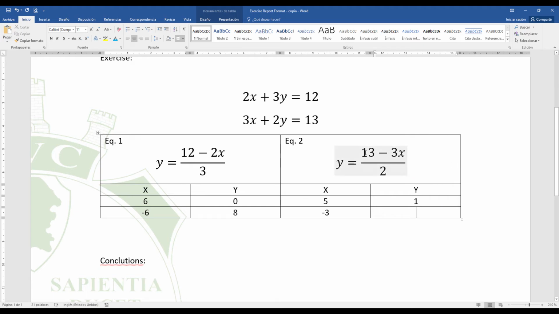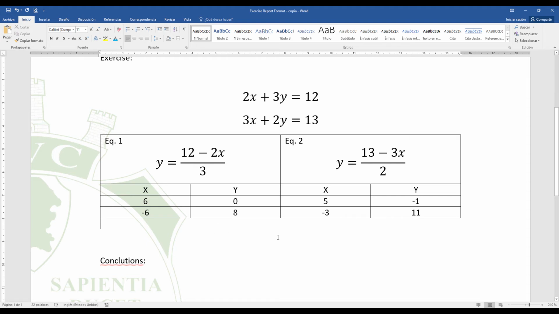So 13 plus 9 is 22 divided by 2, it's 11. Now you have 2 points for every equation, so you can graph now.